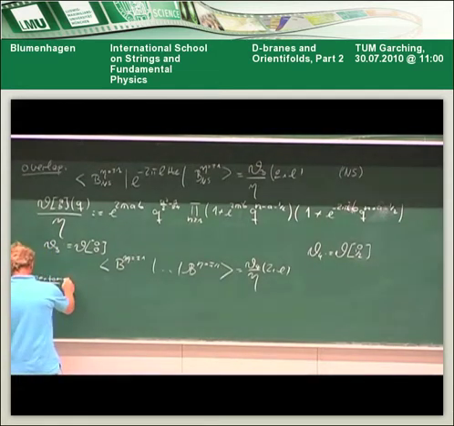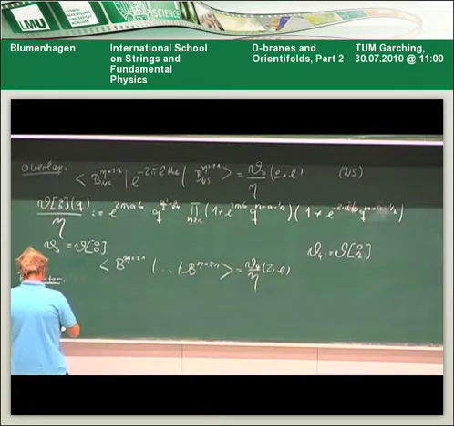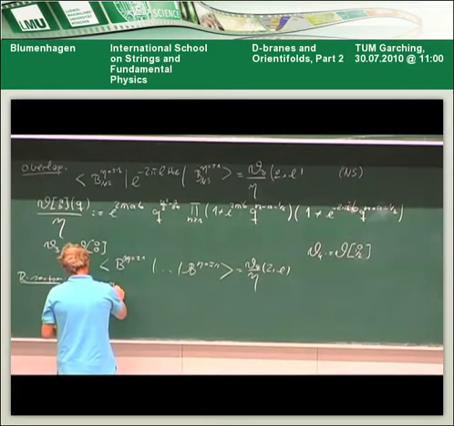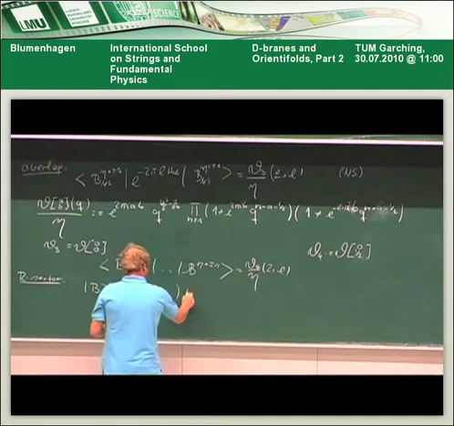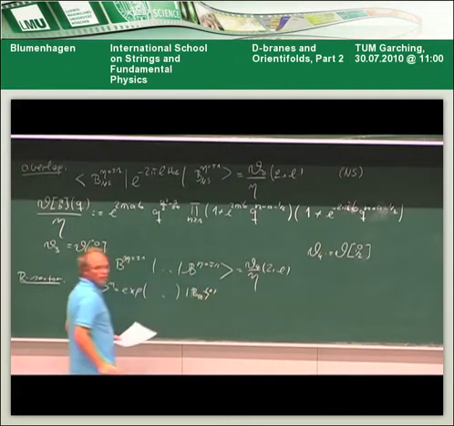The Ramond sector is a bit more intricate because you have the zero mode algebra, and first you have to find a representation of the zero mode algebra. But what you get then is a degenerate ground state. Maybe this has been explained, I don't know, in Niels' lecture. So you get the same exponential for the boundary state, but now your ground state itself, B R 0, is degenerate.